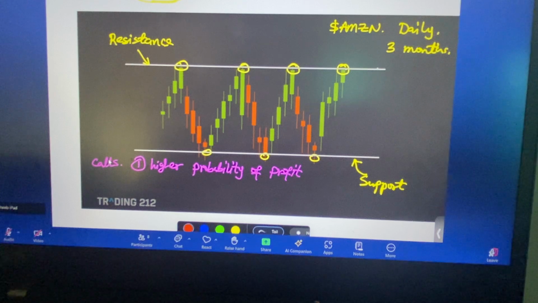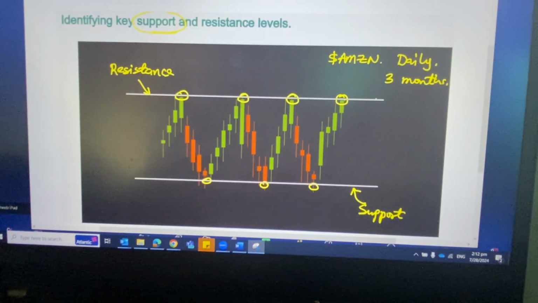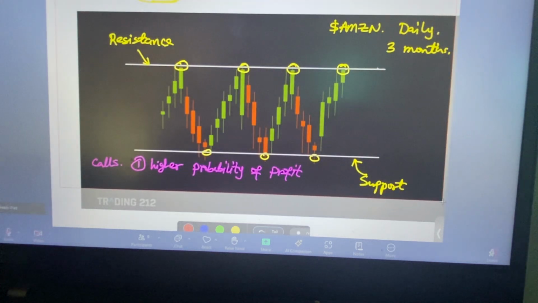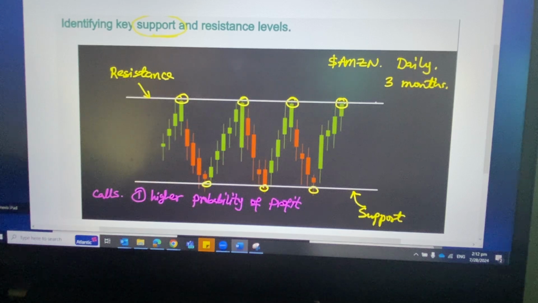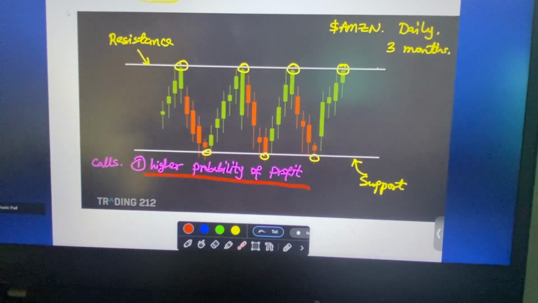So by buying at support here, that gives me a more calculated risk compared to just randomly buying at any point. Like, oh, I just want to enter a call because I feel like it. No. This gives me an edge. Being able to chart and read my candlesticks, I'm able to get better entries and a higher probability of profit.